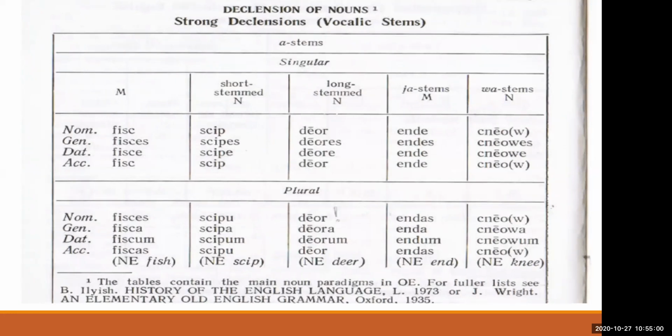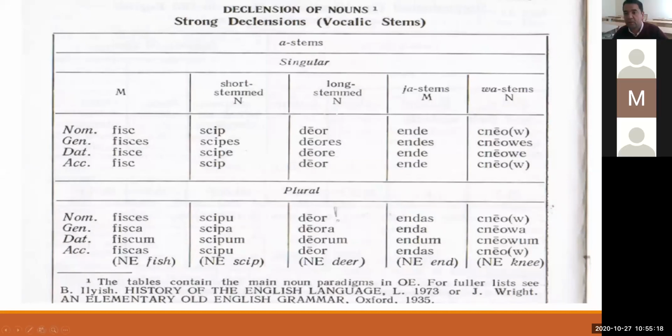Here, the word fish is employed in the accusative case in the Old English period. Any questions about the cases of Old English period? Well, it is clear.